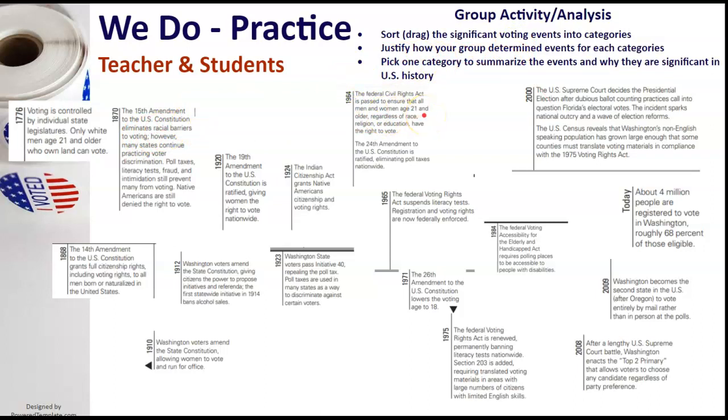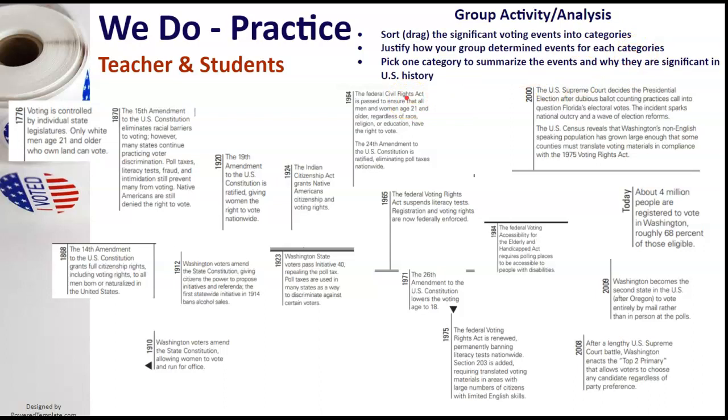So, for example, if I see white men over 21, white men may be a category. If I go to 1920 and I see women, the right to vote, I may have a category for women. The key here is to have students justify how your group determined each event for each category. So pick a category to summarize the events and why they are significant.